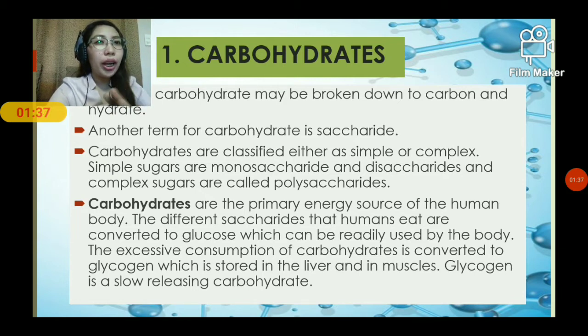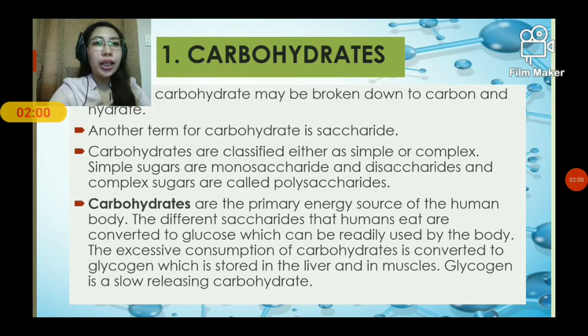Carbohydrate may be broken down to carbon and hydrate. Another term for carbohydrate is saccharide. Carbohydrates are also classified as either simple or complex. Simple sugars are monosaccharides and disaccharides, and complex sugars are called polysaccharides.